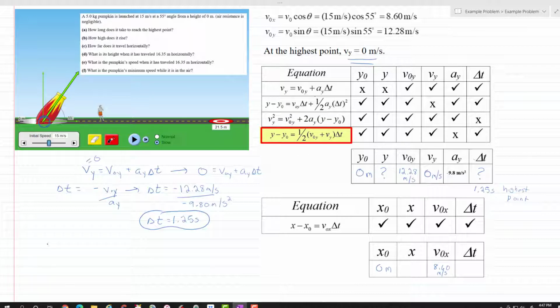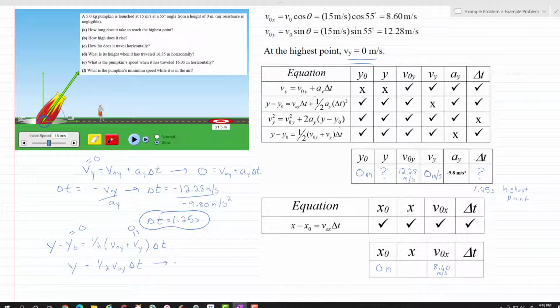So I have y minus y naught equals 1/2 times v naught y plus vy times delta t. I define my initial position to be 0. I know that Vy equals 0 at the highest point, so this equation reduces to y equals 1/2 V naught y times delta t.